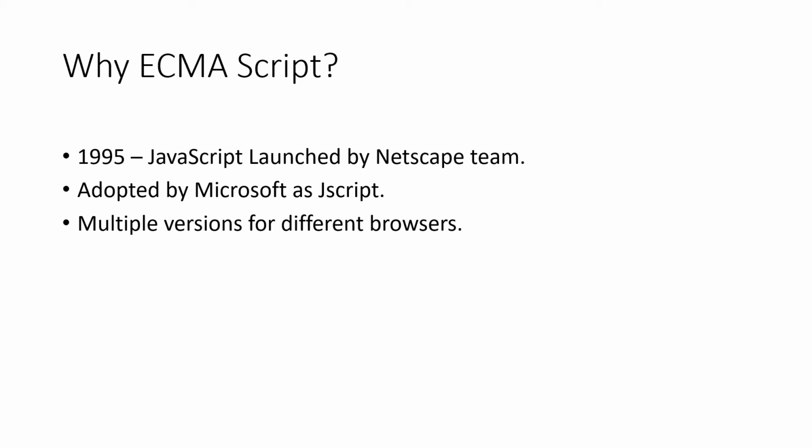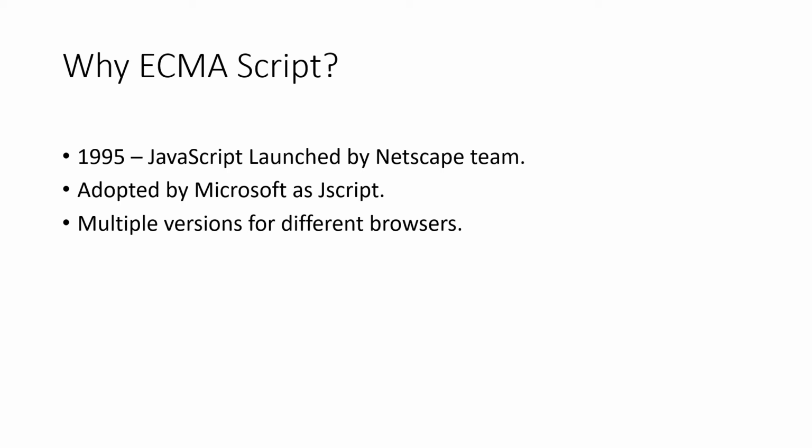With different versions of the language, soon there arose a need for a standard version of the language, because otherwise it can be very confusing for the developers and for the different browsers to implement all these features. So the ECMA Foundation came up and they started to build this standard set of features that are going to go into the JavaScript language.